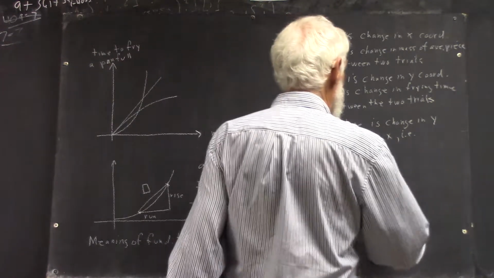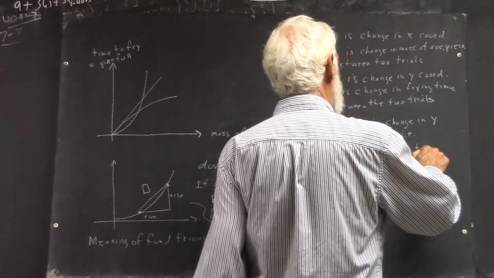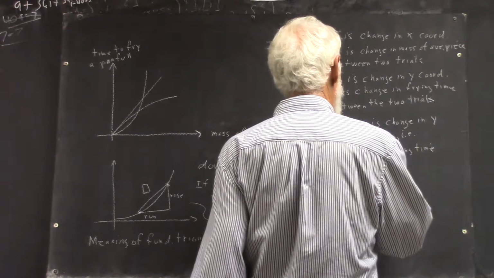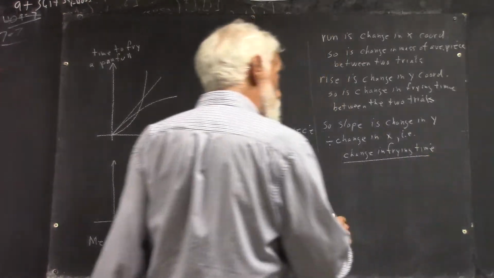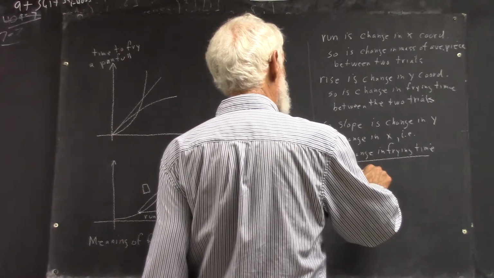So change in, and I'm using, frying time divided by change in x. It's rise over run.